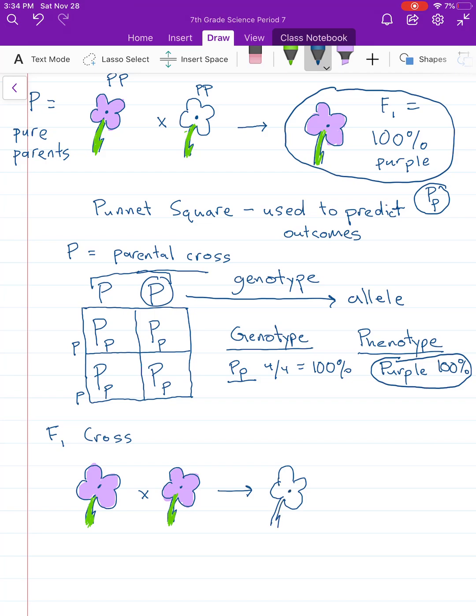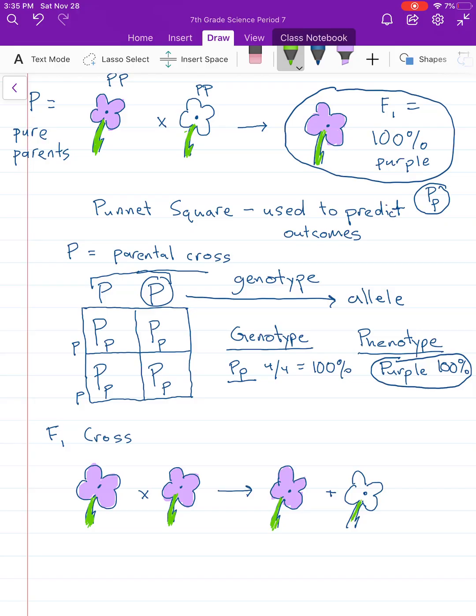The interesting thing was not that, because that showed something entirely new. The interesting thing was that the F2 cross, or the F2 generation from the F1 cross, when he crossed a purple with a purple, he got purple again. But the strangest thing was that it wasn't just purple. He also got white flowers.